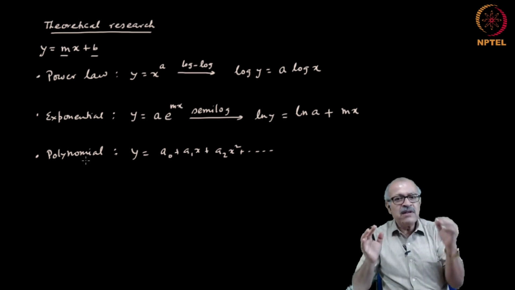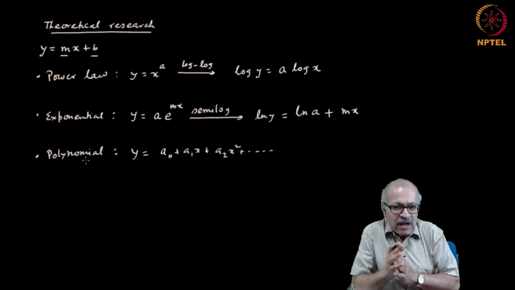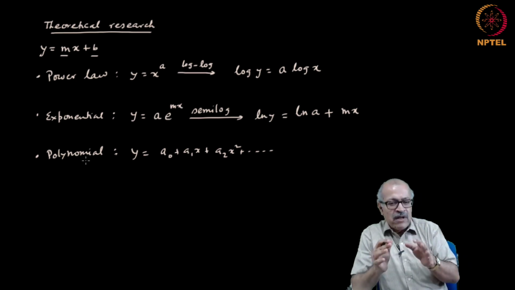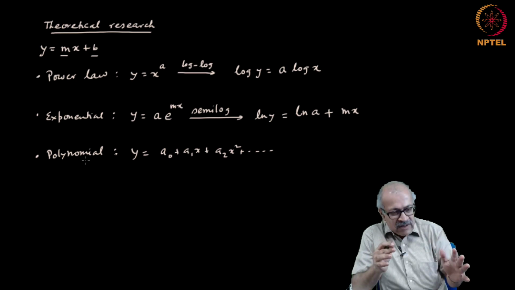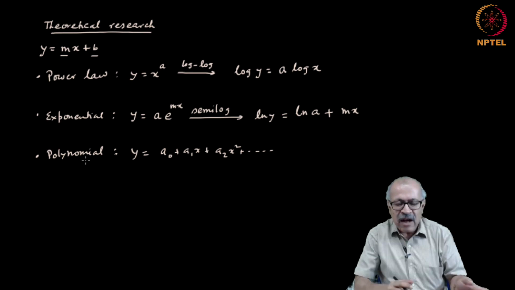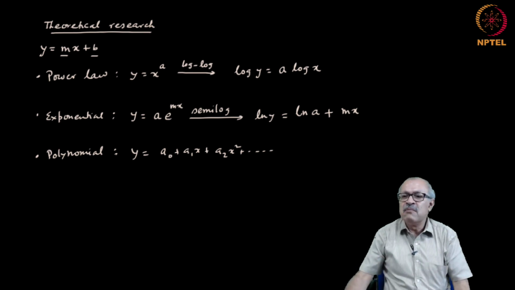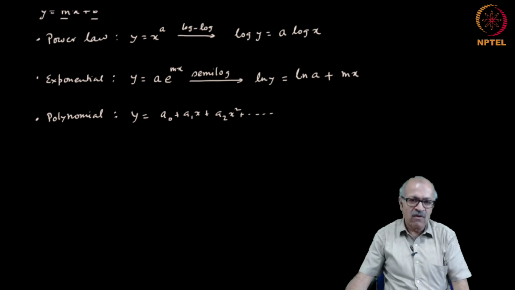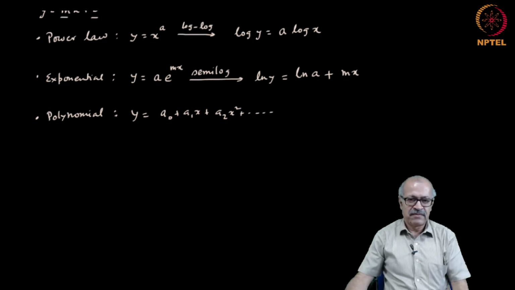So, effectively meaningful curve fitting are obtained in the form of the linear fit or the power law fit or the exponential fit. The others really do not yield much insight, and therefore, I will not cover that in this course. Let me end today.